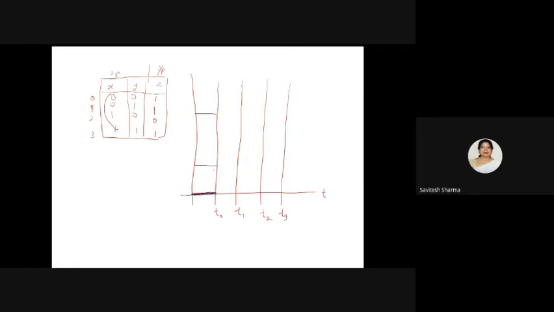Okay. Now X is again 0, Y is 1, Z is 1. X is 1, Y is 0, Z is 0. Clear? Next, your X is 1 and your Y is 1 and Z is 1. So this is the Z waveform, this is Y, this is X.